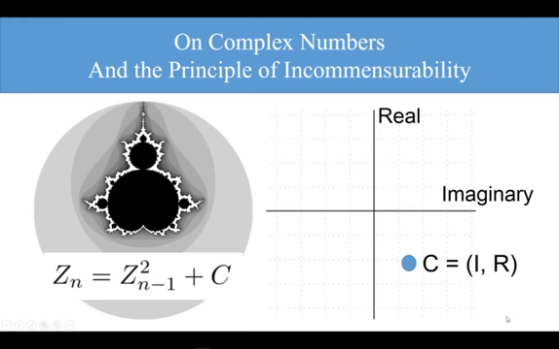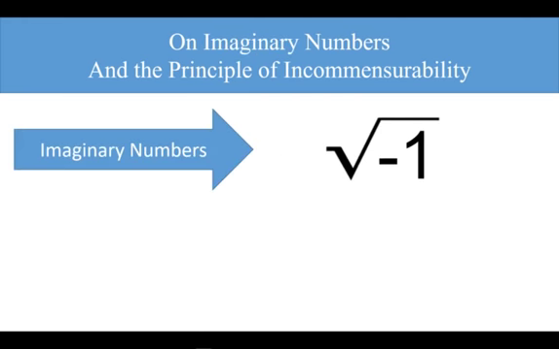So, what is so special about complex numbers? Well, in order to understand complex numbers, we first need to understand imaginary numbers. Imaginary numbers were originally invented to solve the problem, what is the square root of -1? In other words, what number multiplied by itself can give you -1?